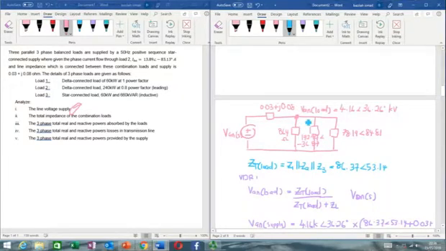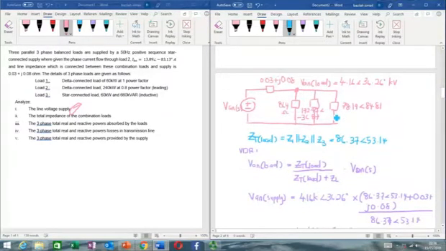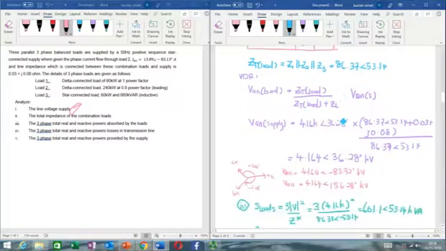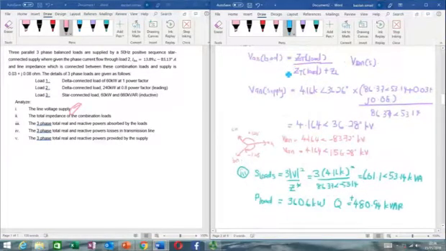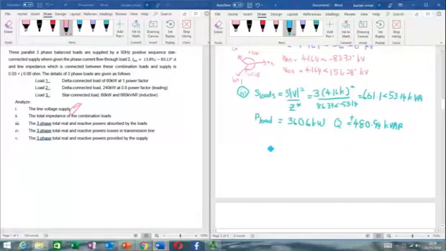We know VAN supply and VAN load, so you can calculate the line voltage by VAN supply minus VAN load. Or you can simply use VDR, it's up to you. The answer should be the same.